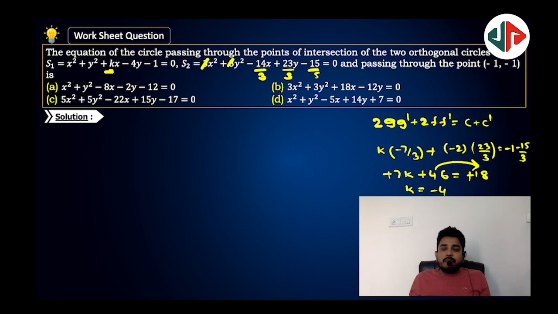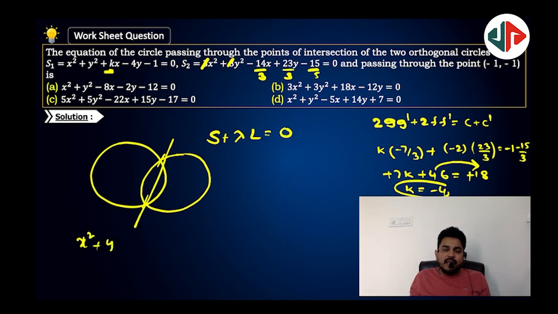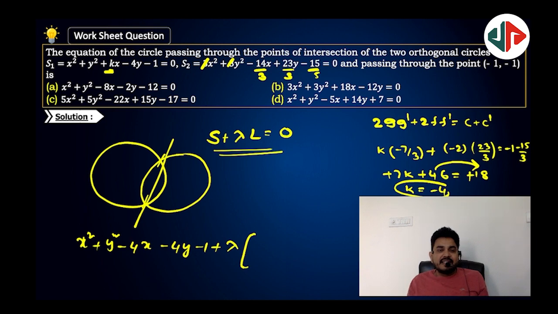So now once you get this one, the circle passing through the intersection of these two can be written as S plus lambda L is equal to 0. So this first circle I can write as x square plus y square minus 4x minus 4y minus 1 plus lambda times the radical axis s minus s dash.